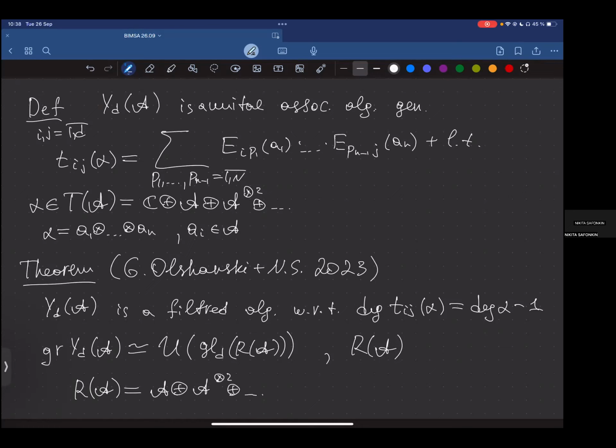And this algebra R of A may be non-unital, because as you can see here, we do not have the field. This is just as a vector space. So R of A is A plus A squared plus etc. And the multiplication in this algebra is defined as follows.